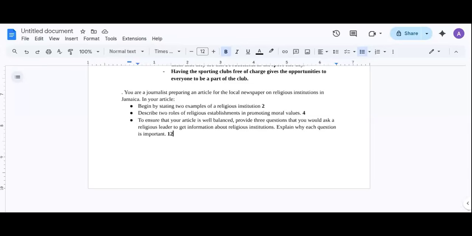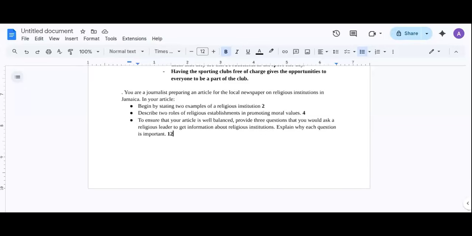Churches are the most common and are places where Christians gather to worship, pray, and learn about their faith. Mosques are places where Muslims go to pray and receive guidance about their religion. Both of these institutions help to bring people together and give them a sense of belonging in their community.